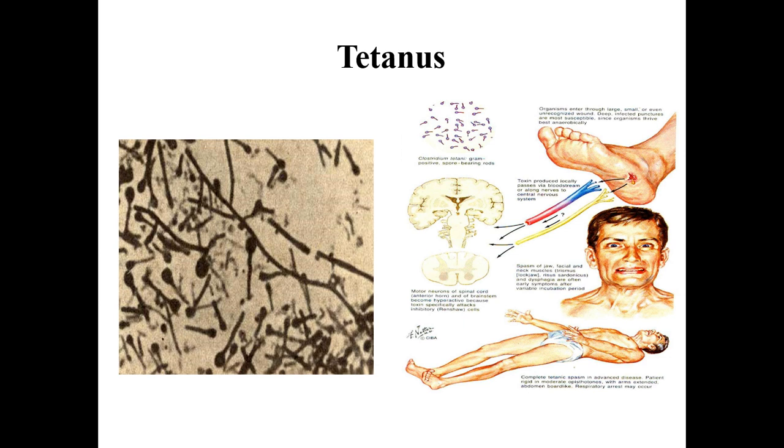This slide shows the shape of Clostridium tetani. Culture is more reliable than microscopy. In Robertson's cooked meat broth, Clostridium tetani, being proteolytic, turns the meat particles black and produces a foul odor.